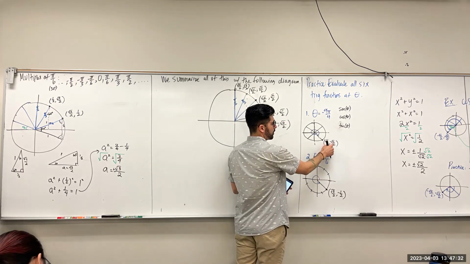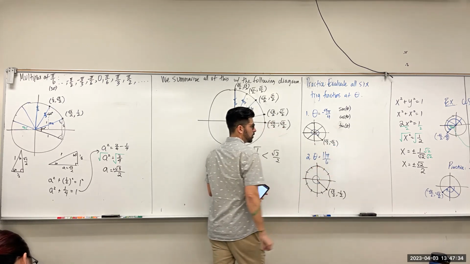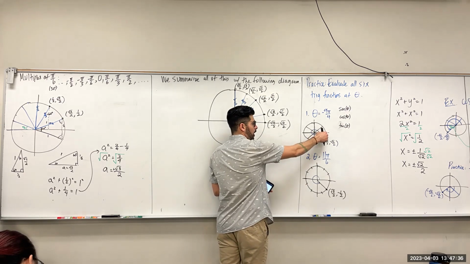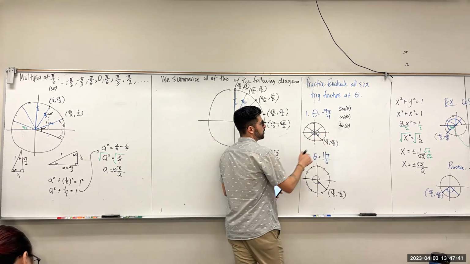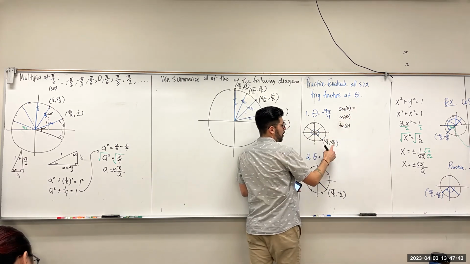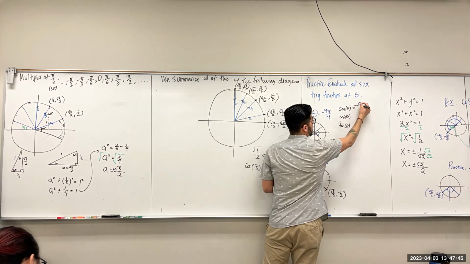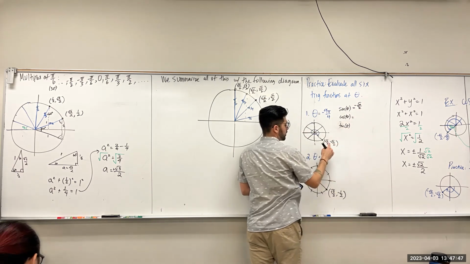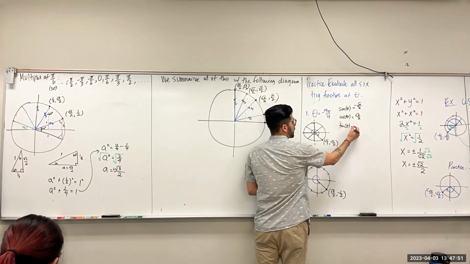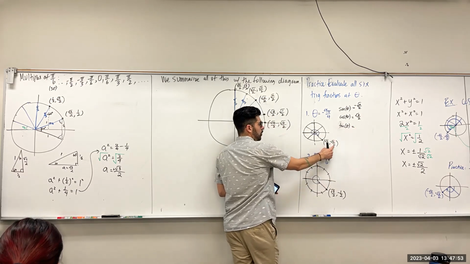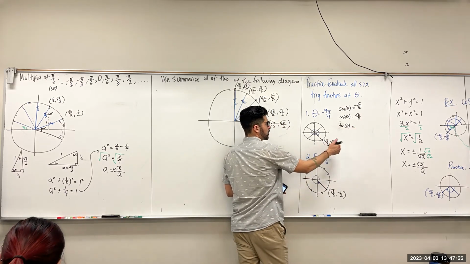So we're gonna have the √2/2 coordinates, but in this case, the y coordinate is negative, and so x would be positive. So this is the y coordinate, negative √2/2. This is the x coordinate, √2/2. And then your tangent will be y over x, which is going to be negative.